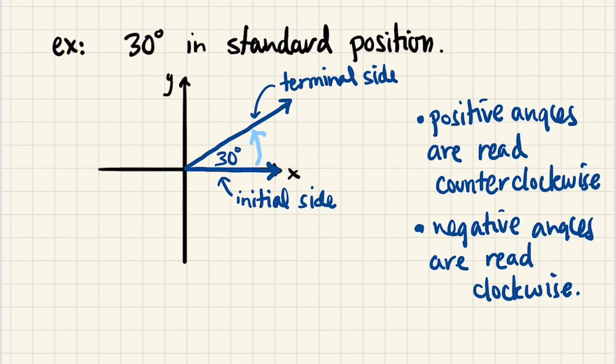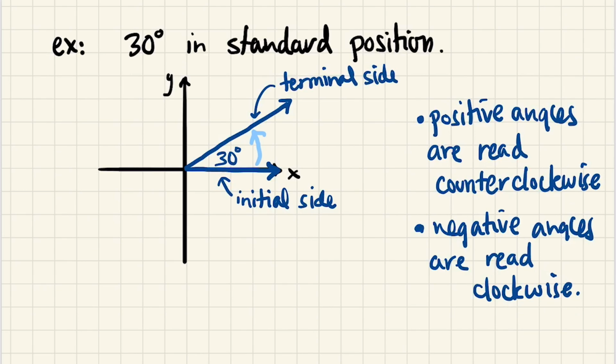So an angle of 30 degrees is unambiguously in the first quadrant as we've drawn it. But if we were asked to draw an angle of negative 30 degrees in standard position, well, that would swing downward from the initial side, and that would be in the fourth quadrant. Well, now what would an angle of 390 degrees look like? What if we took this 30-degree angle and we added 360 degrees to that?